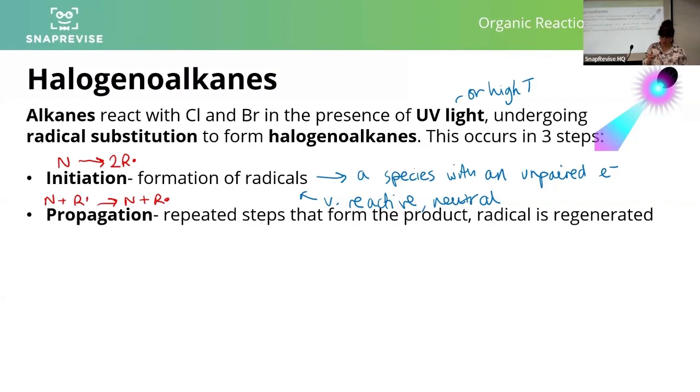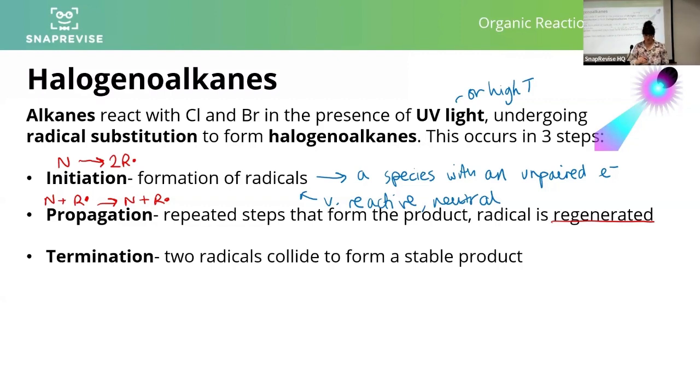If somehow your propagation step has combined 2 radicals to make a normal species, that's not propagation. If somehow your propagation step hasn't created another radical, it's not propagation. The word propagation means continue. So we have to continue with our radical species. You must create another radical species out of your propagation step. Make sure that your radical is regenerated.